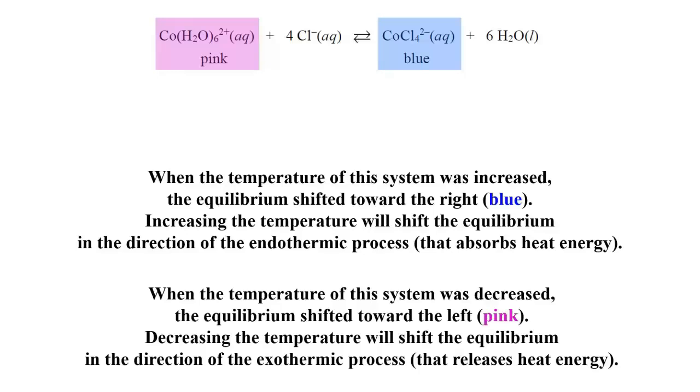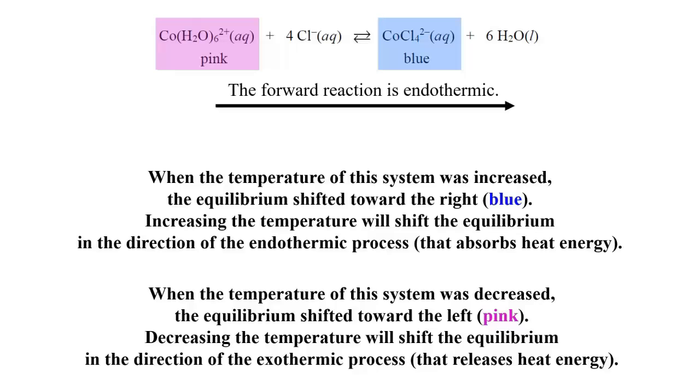And then the reverse. When the temperature of the system was decreased, it's like you're removing heat and it turned pink. Decreasing the temperature in general will shift the equilibrium in the direction of the exothermic process that releases heat energy. So the forward reaction from left to right is endothermic. When the temperature was increased, it turned blue in the endothermic direction.